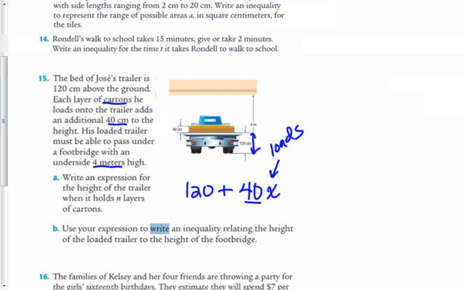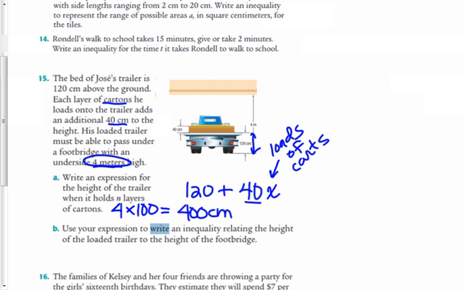And so that expression represents the height. Now remember, this height is in centimeters. Now, the bridge is 4 meters high. 4 meters times 100 centimeters per meter is 400 centimeters high. Our height has to be less than that to get under the bridge.